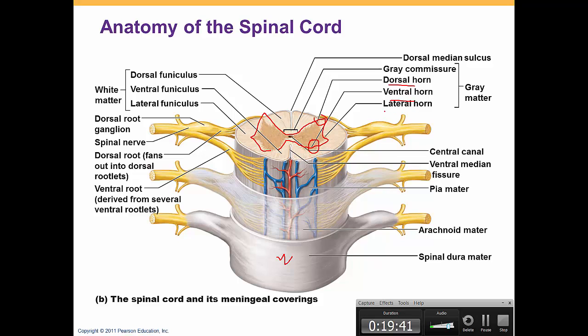And in the thoracic region only, we have also what's called the lateral horn. And the lateral horn is the origin of the sympathetic nervous system. Then you have the gray commissure, which is basically what connects the two sides of the gray matter together. We have also the spinal cord, which we will cover shortly.